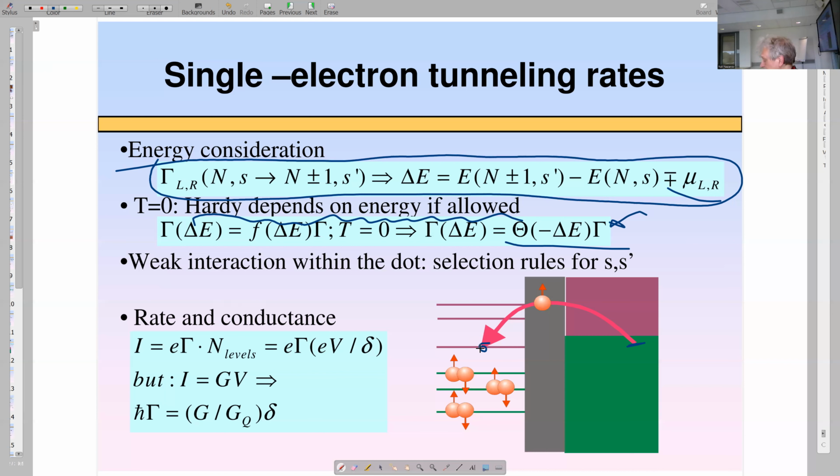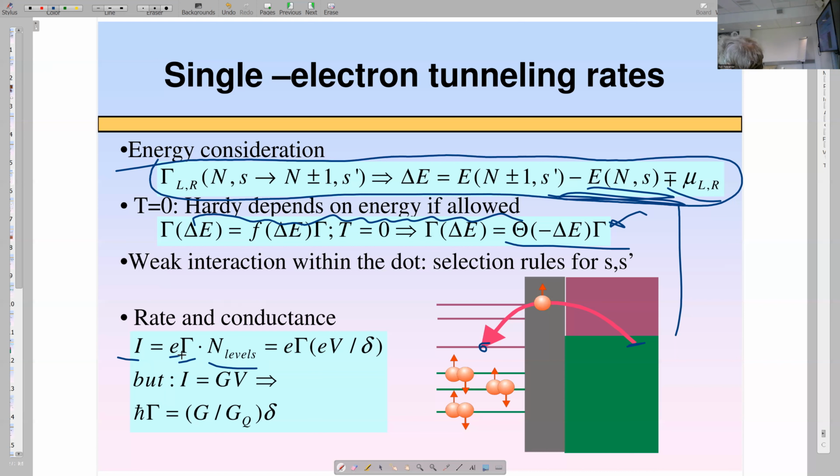Let us consider a situation where not a single level is available for tunneling, but rather many levels. So I put a Fermi level somewhere here. Good. Then how can I estimate the current? The current is proportional to the number of levels available for tunneling, the tunneling rate for a single level, and the electric charge.